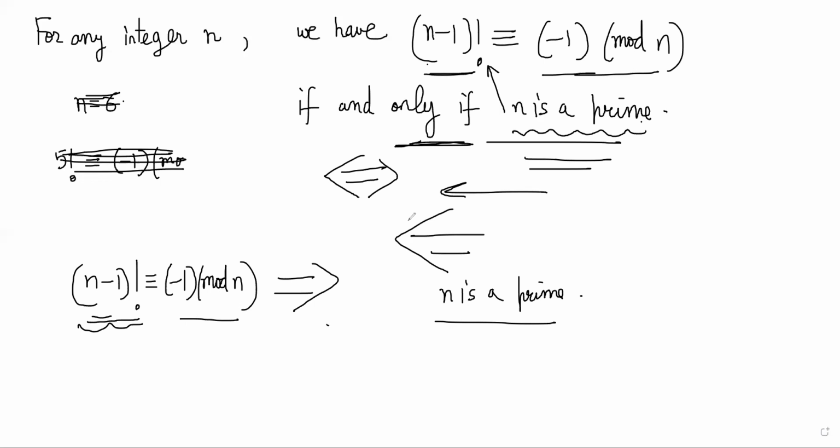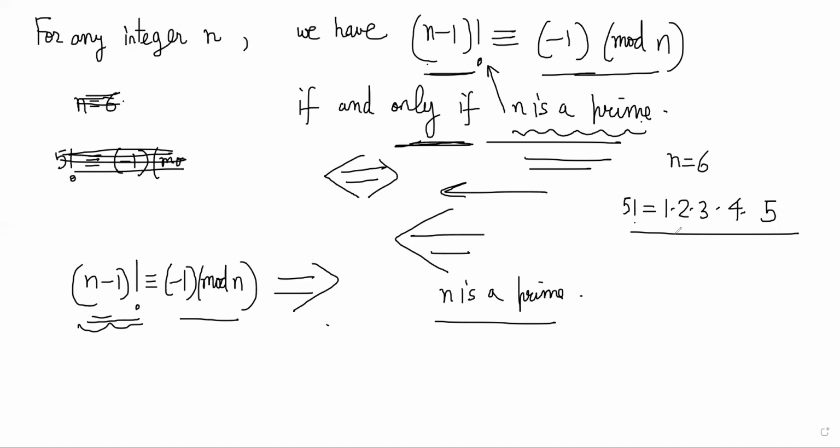If n is composite, what happens to (n minus 1) factorial? Let's think about that. If n is 6, so 5 factorial is 1 into 2 into 3 into 4 into 5. Now mod 6, this is actually coming out to be 0 mod 6.